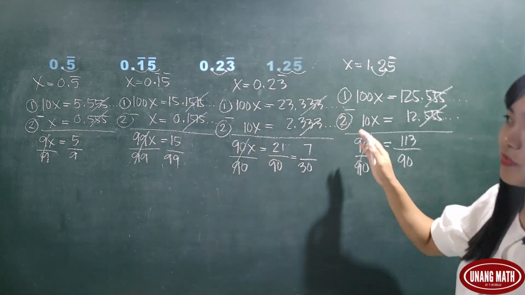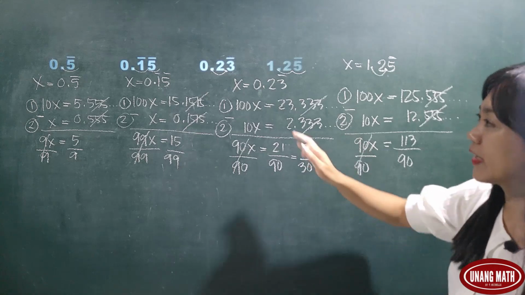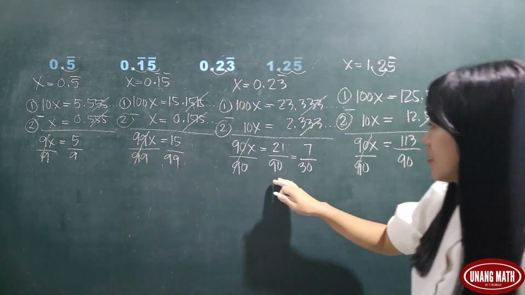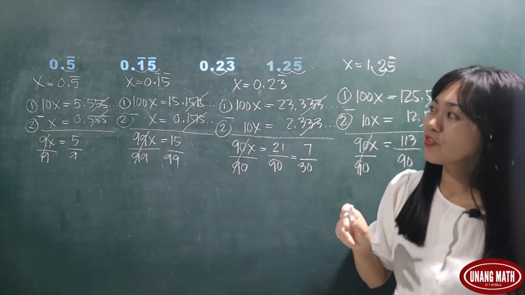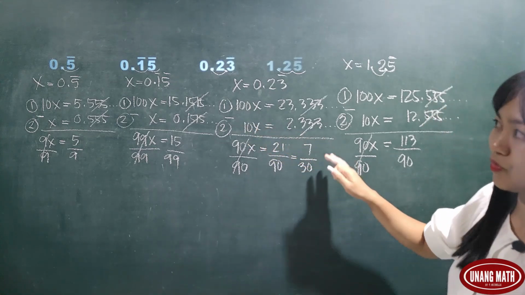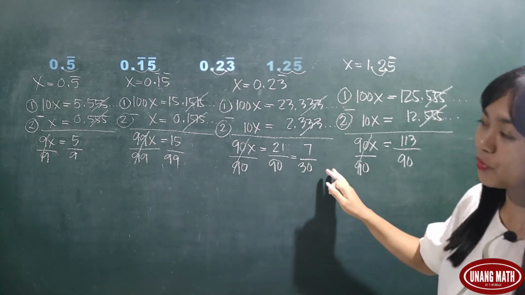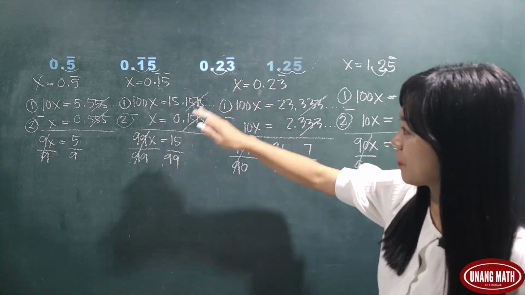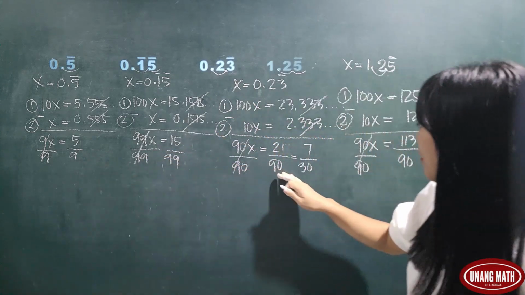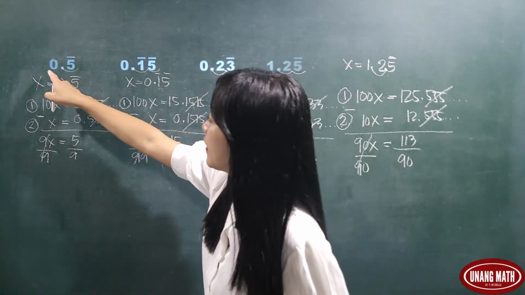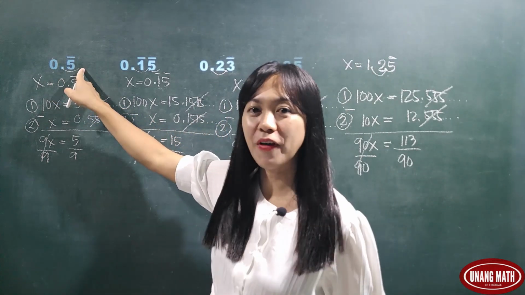So we use the principles in converting these repeating decimals to fractions. Okay, now I want you to take a look at these solutions and find the pattern on how we converted these repeating decimals to these fractions. Okay, take a look at the first repeating decimal, 0.5.